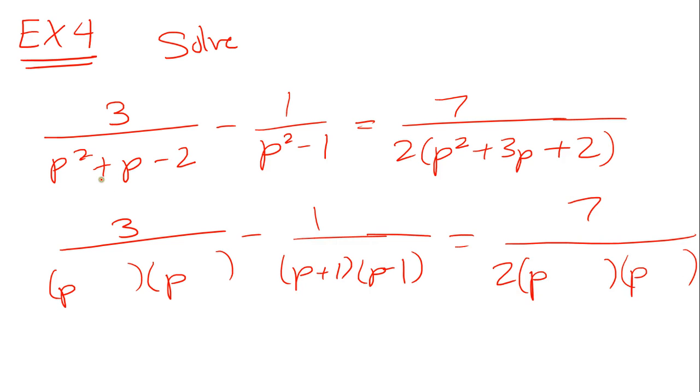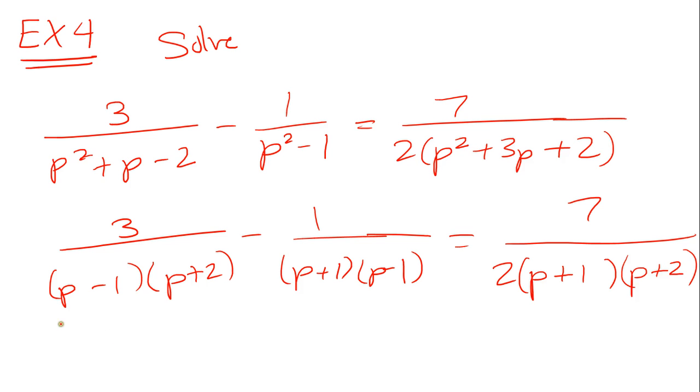Okay, so now let's look at the first one. We basically have factors of -2 that add to 1. So plus 2 and -1. Here we want factors of 2 that add to 3, which is just going to be plus 1 plus 2. And the middle one, we're all good there. Alright, so what do we have in the bottom?